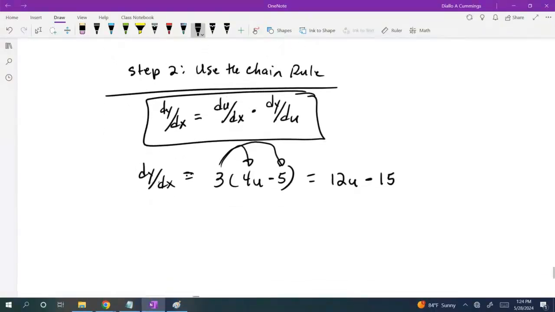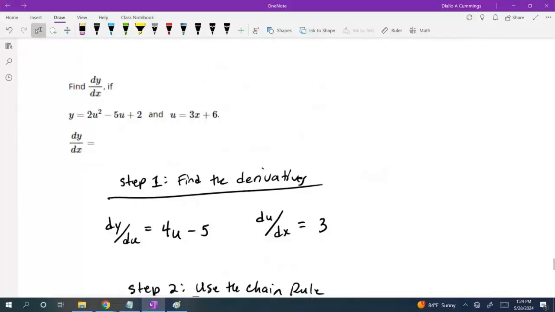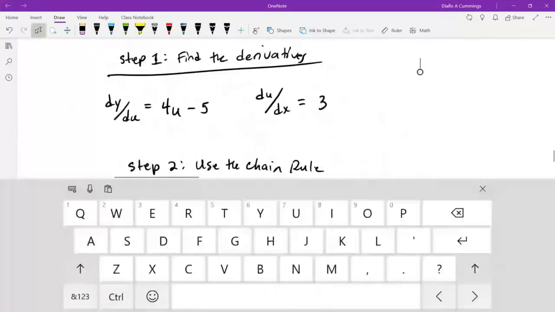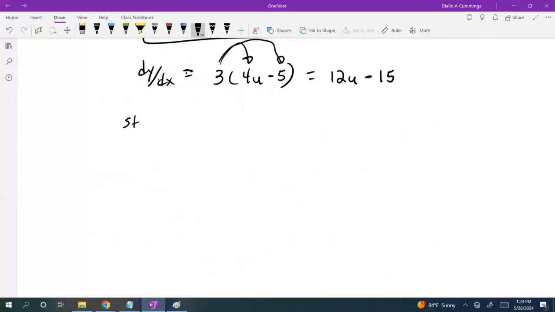Our last step is to now back substitute, because recall that our original function is in terms of x, so our derivative must be in terms of x. So our third step is to back substitute.